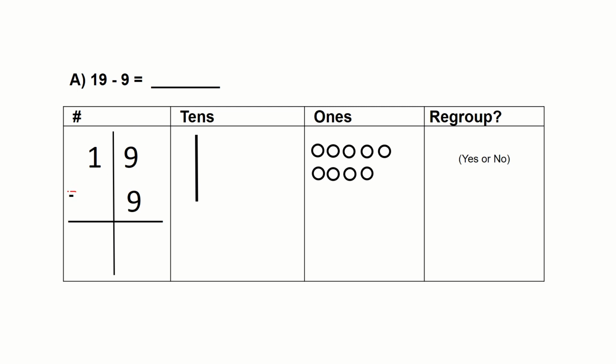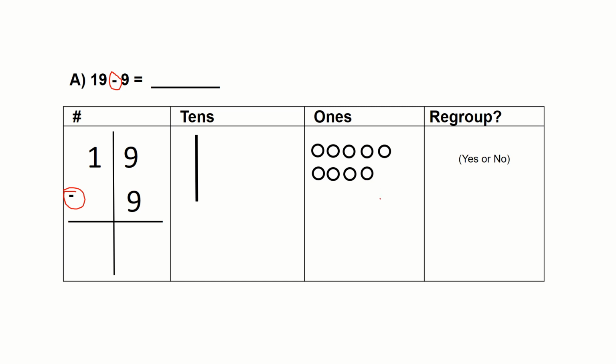Whenever you see this minus sign, that means we need to subtract. So I want to take away 9. Let me see if I have enough to take away 9. I have 1, 2, 3, 4, 5, 6, 7, 8, 9. I have the perfect amount to take away 9.